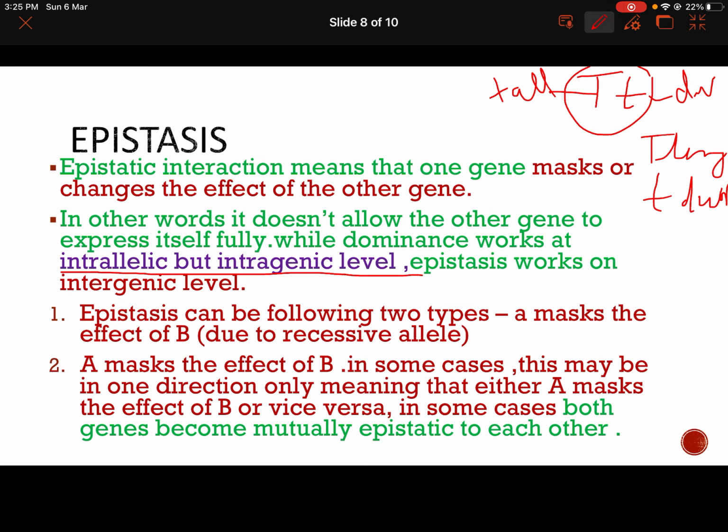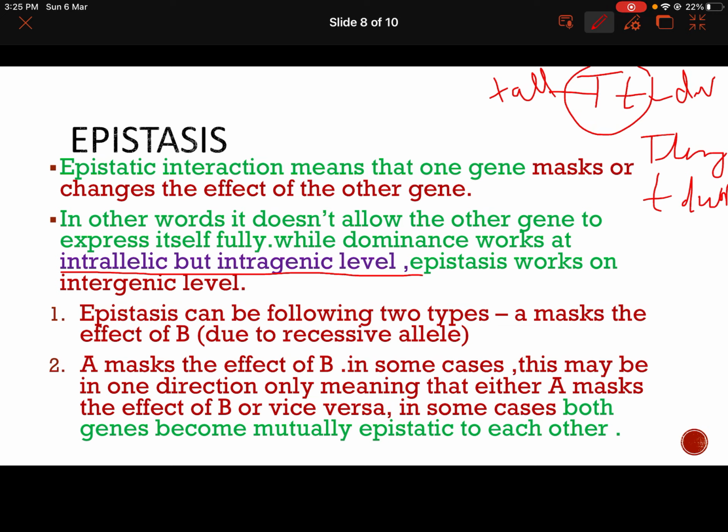For example, for length, dominant T is increasing the height of the plant, and small t, the recessive allele, is not increasing the height of the plant. That's why the plant becomes dwarf. But actually both alleles are affecting the length of the plant, so they are called alleles or various forms of one gene. You should be clear about what is allele and what is gene, then you can understand this topic well. Otherwise you will get confused.